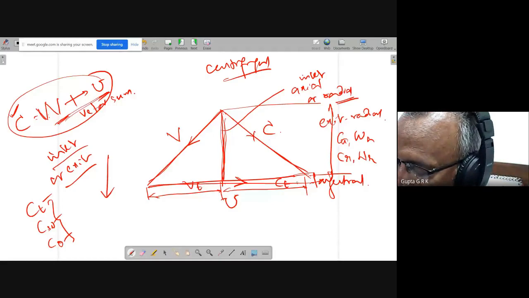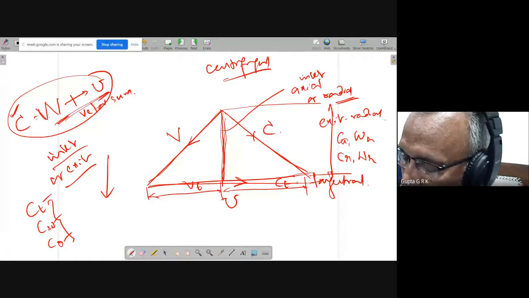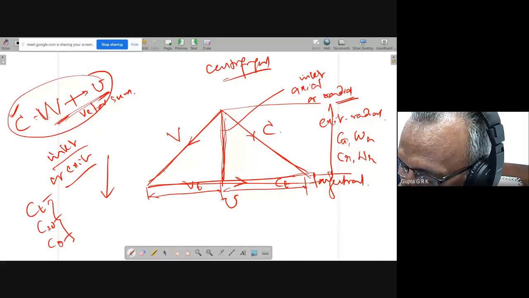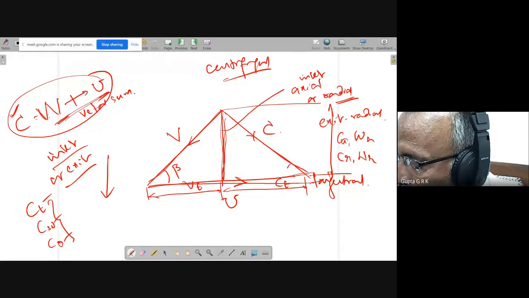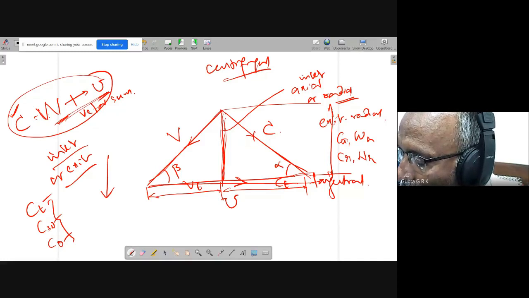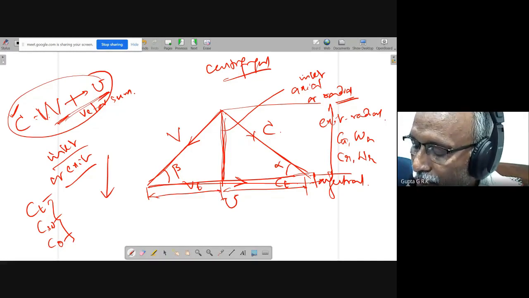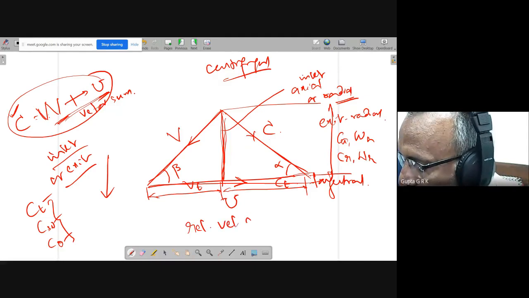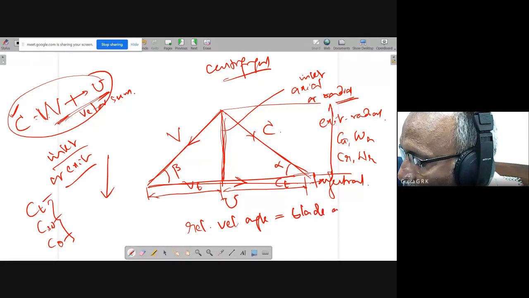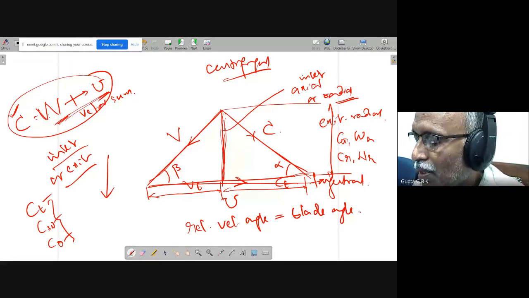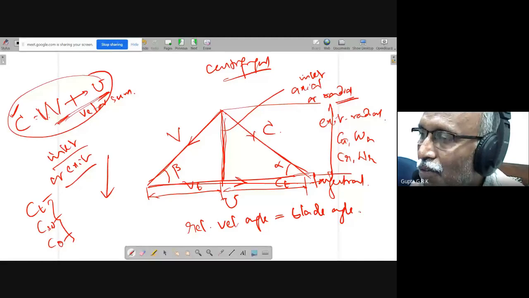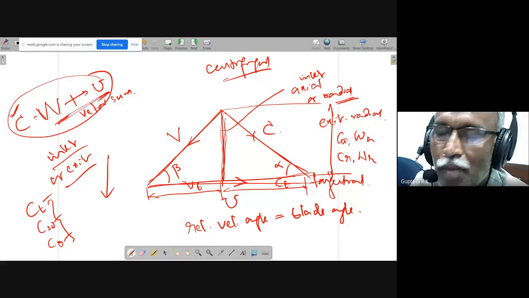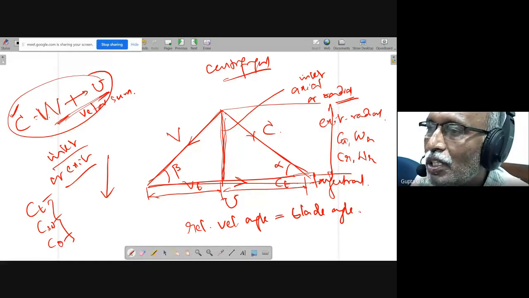And also the angles will be given to you. The relative velocity angle is always beta, and the absolute velocity angle is alpha. The relative velocity angle is equal to the blade angle, because the blade faces the flow at some angle, so the flow has to go smoothly on the blade.